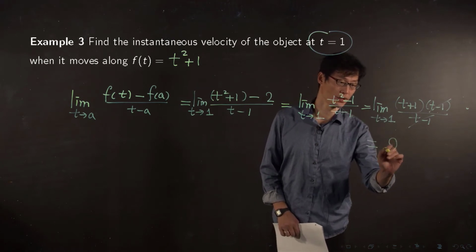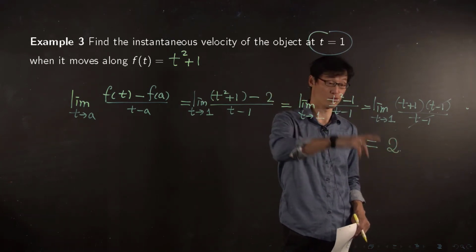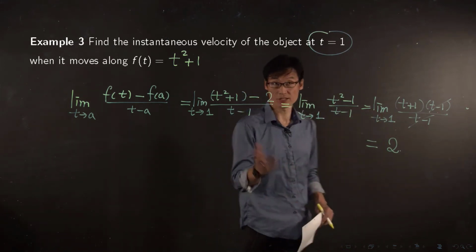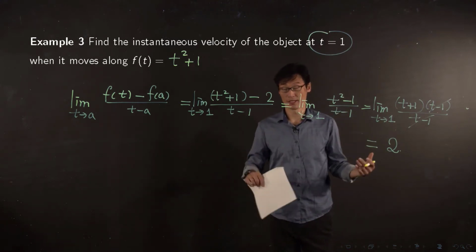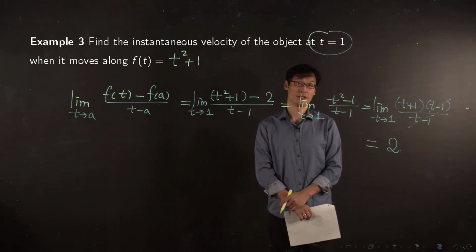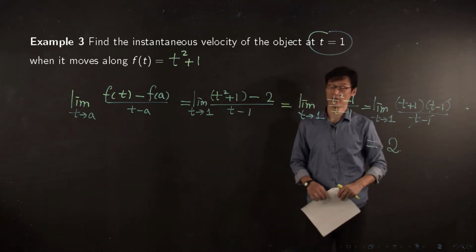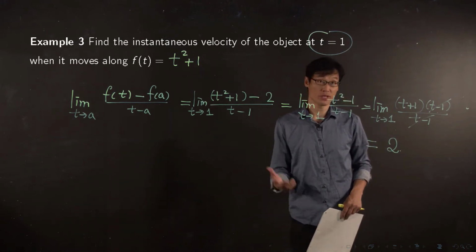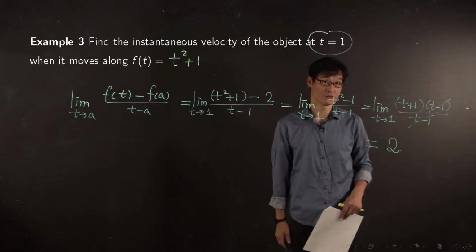So it turns out that instantaneous velocity of the object at t equals 1 is 2. Actually, this calculation is exactly the same calculation that we had in the very first slide. We are using x squared plus 1. So I'm using this same example to emphasize that slope of tangent line is basically the same as instantaneous velocity.